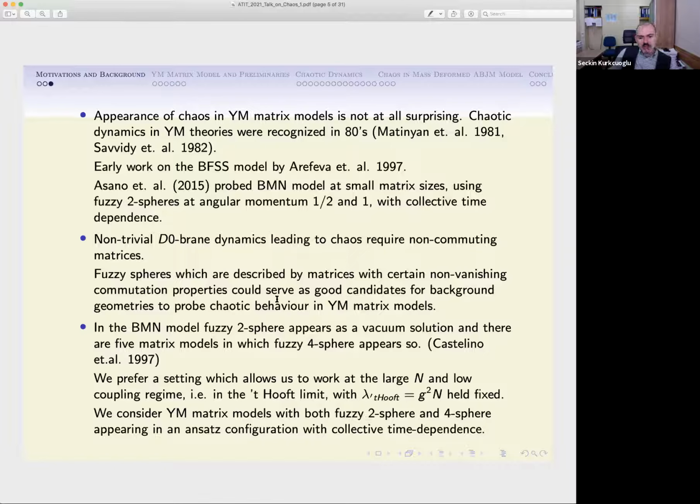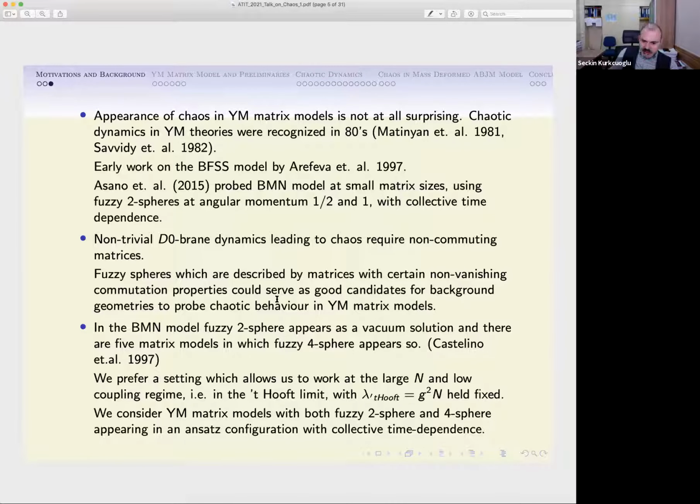Apart from that, our approach will not only involve fuzzy 2-spheres, but it will also involve fuzzy 4-spheres for some reasons that I will also remark upon. But in the BMN model, the fuzzy 2-sphere appears to be a vacuum solution, whereas the fuzzy 4-sphere appears to be a vacuum solution for a 5 matrix model. So it's like a variant of, or a subsector of, this BFSS model, which is comprised of only 5 N by N Hermitian matrices.